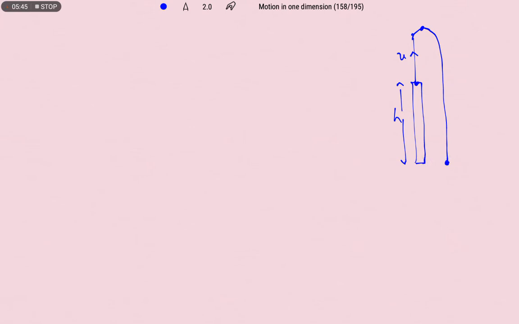In this case we need to find the final velocity of the object on touching the ground, and the time taken to reach the ground. So what are the sign conventions? Height is negative, u is positive, a is negative because acceleration due to gravity acts in the downward direction. For this motion I am applying the second equation of motion.